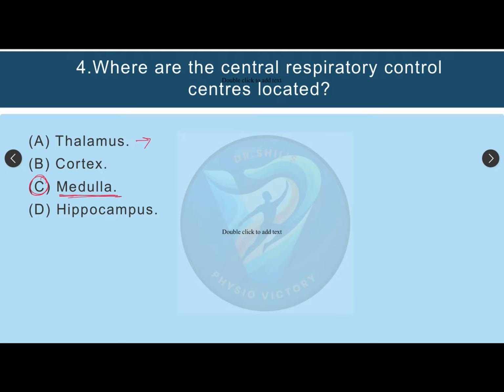Here, the thalamus is a sensory relay station, cortex is voluntary control, and hippocampus is a memory related structure.